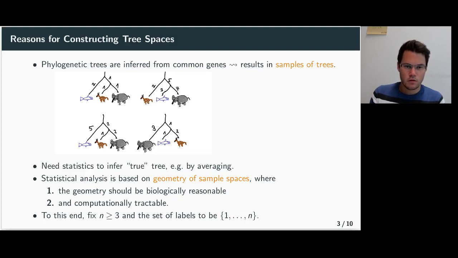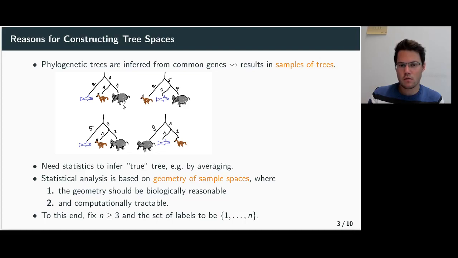Now, phylogenetic trees are usually inferred from common genes. And there are methods that, if you measure the DNA, for example here of the fish, the horse, and the elephant, you can align them in a table. It's called a multiple sequence alignment. And then there are methods to estimate the best fitting phylogenetic tree for this multiple sequence alignment.